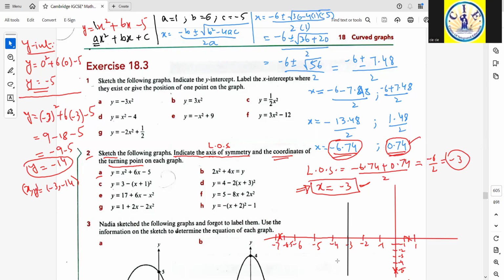And then the turning point was, if you concentrate on that, negative 3 and negative 14. So x is negative 3 here, and negative 14 would be somewhere down.